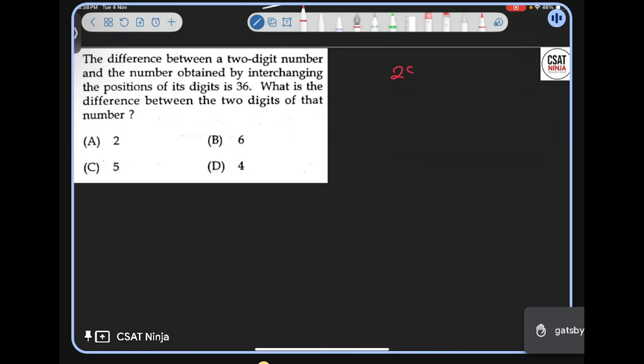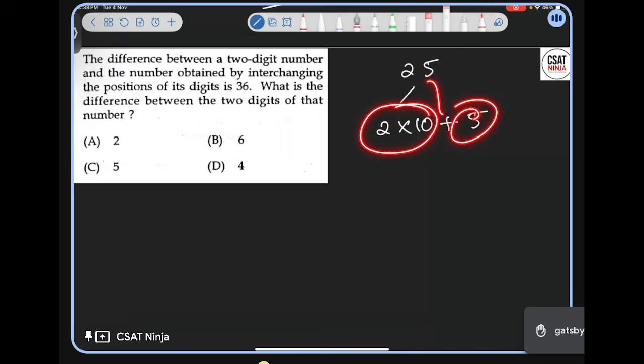Let's say I have 25. 25 can be written this way: 2 into 10 plus 5. 2 into 10 is 20, plus 5 will give me 25.